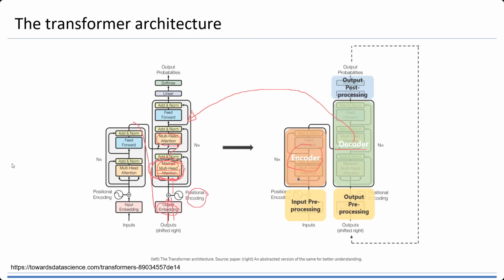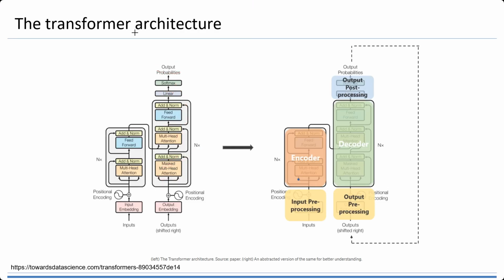So we will learn more about the mask. What is mask? We will learn more about this mask maybe next week. But let's say this is based on the multi-head attention. And we have another multi-head attention, and we go to the feed forward, and at the end, we will perform the linear transformation and softmax to get the output probabilities.